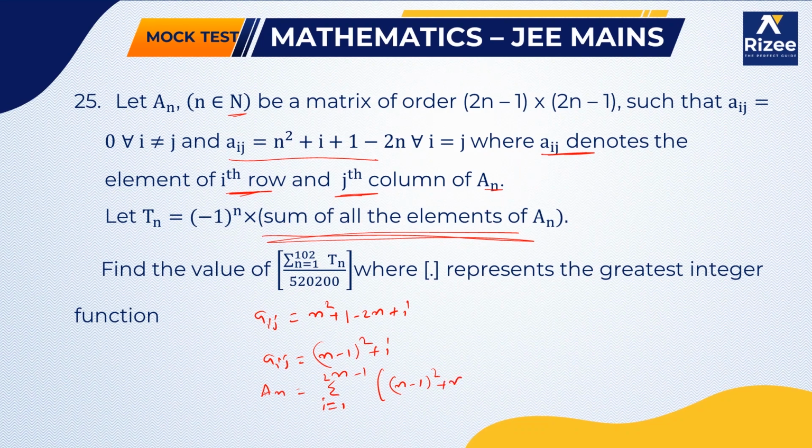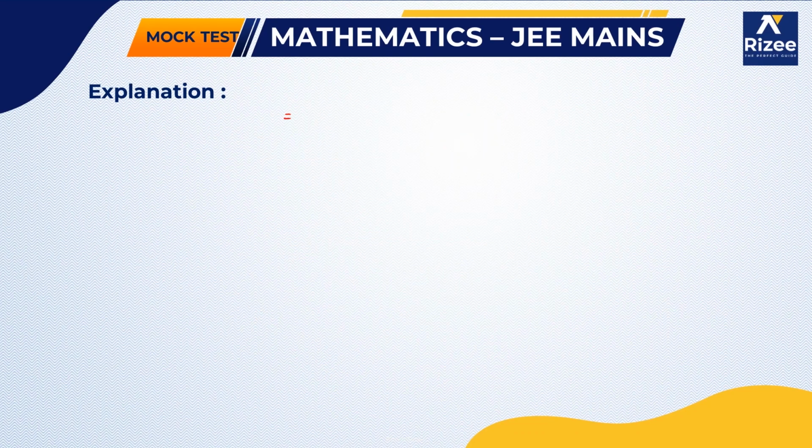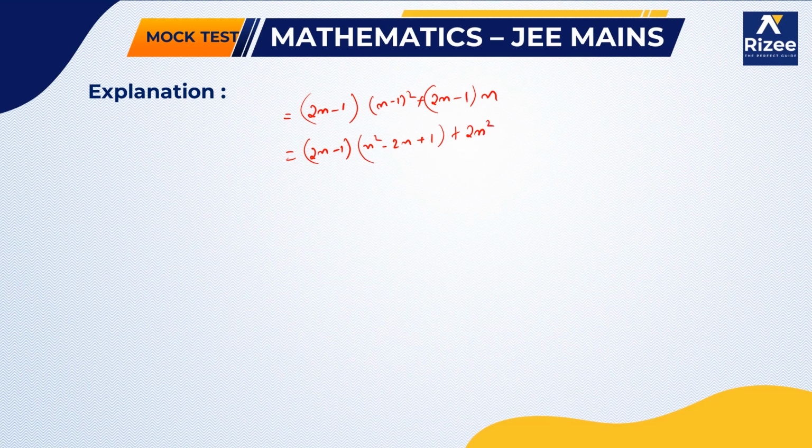So apply here 2n minus 1 into n minus 1 whole square plus 2n minus 1 into n. 2n minus 1 into n square minus 2n plus 1, plus 2n square minus n, which is equal to 2n cube minus 4n square plus 2n minus n square plus 2n minus 1 plus 2n square minus n.